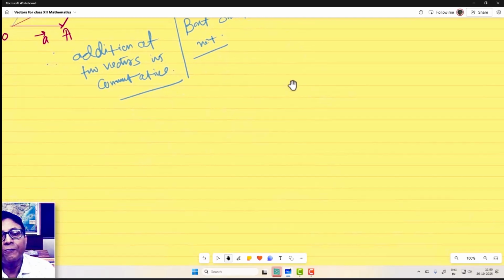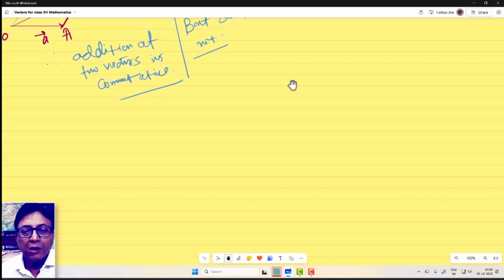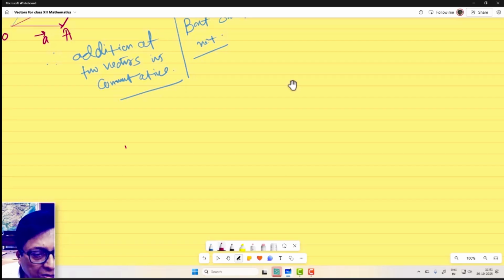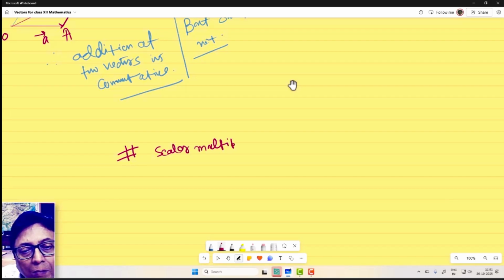Now we are going to define the multiplication of a vector. What is multiplication of a vector? In this class, we will be learning scalar multiplication. Scalar multiplication, what is that?